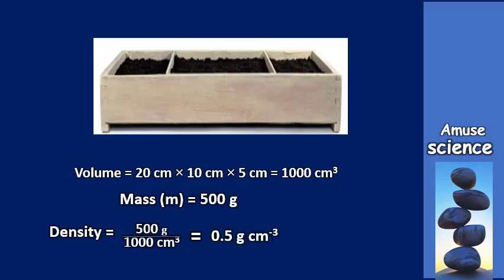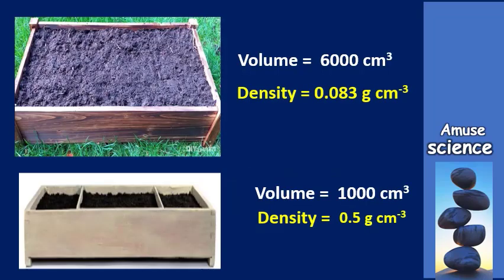Now let's analyze. We realize that the densities of the two systems are not the same. Although the masses are the same, the densities are not the same. This is because their volumes are not the same. In the first case, we had a volume of 6,000 cubic centimeters and it translated to a density of 0.083.